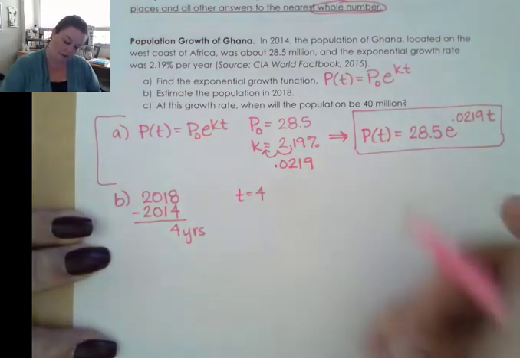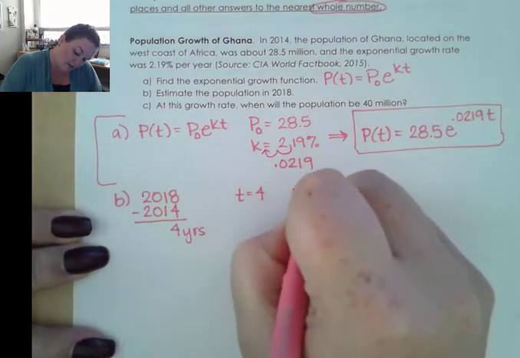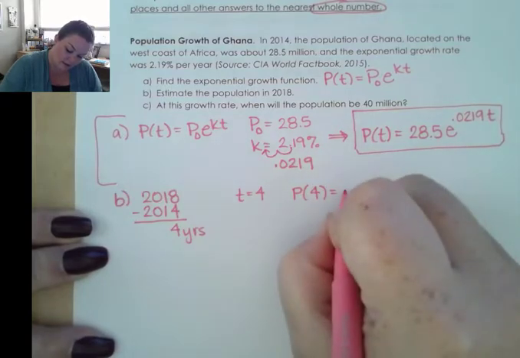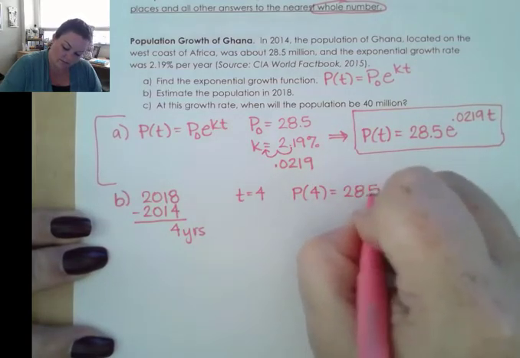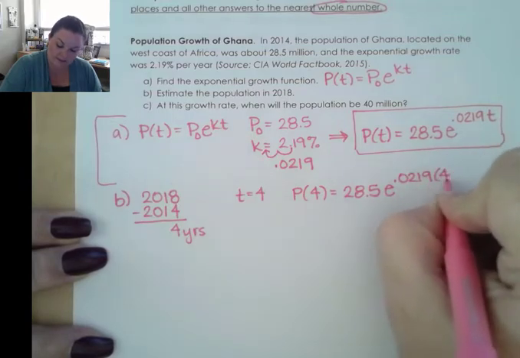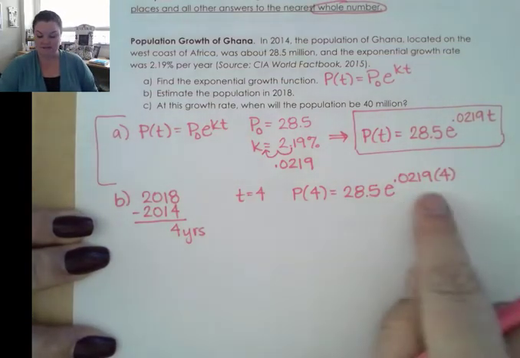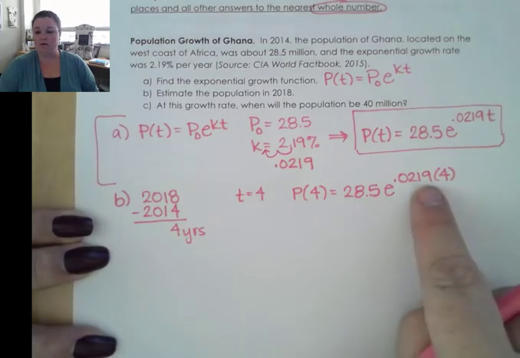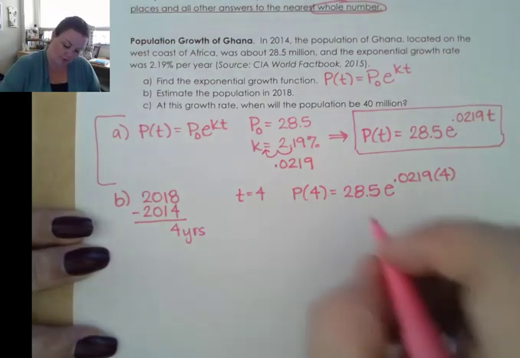So here's our function. The population after 4 years is going to look like 28.5 e to the 0.0219 times 4. And now we just have to simplify. Order of operations tells us to do our exponent first.